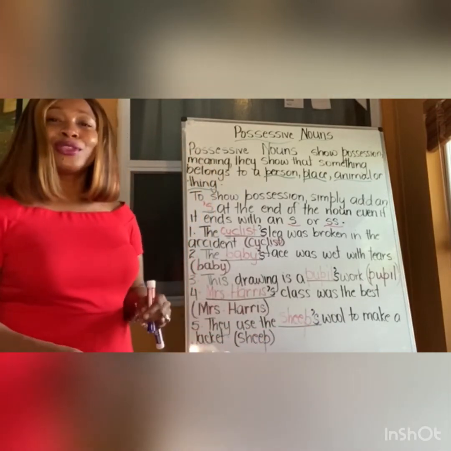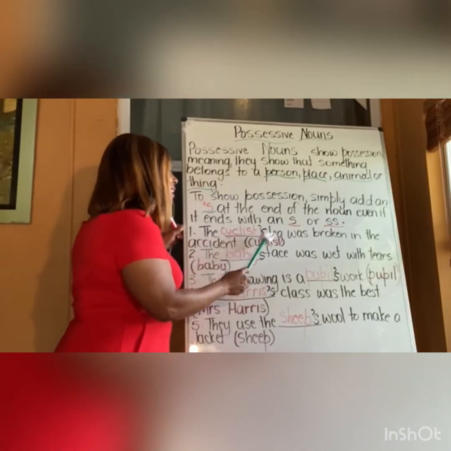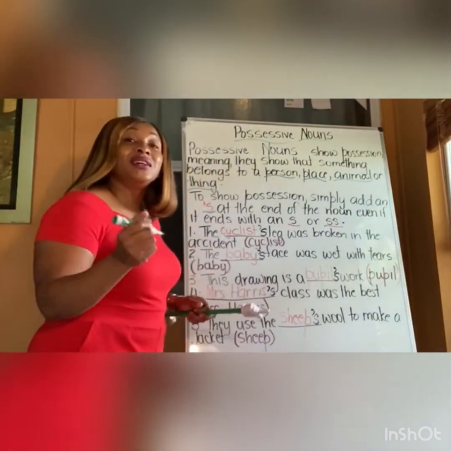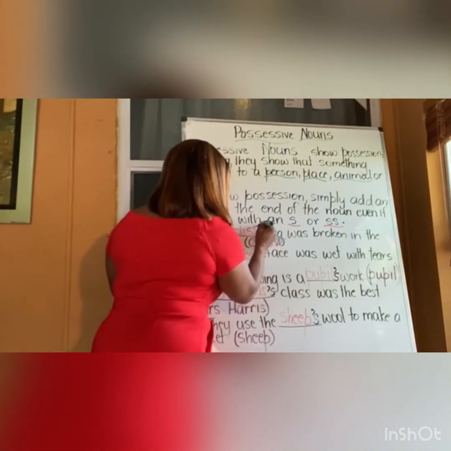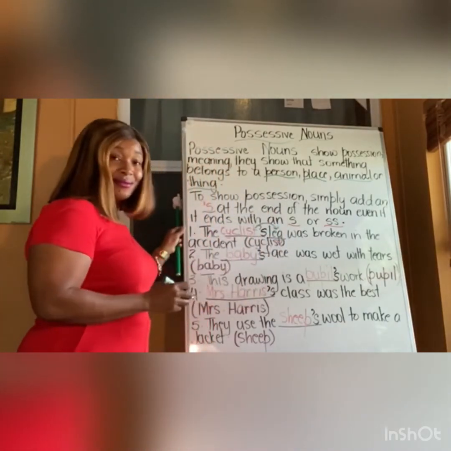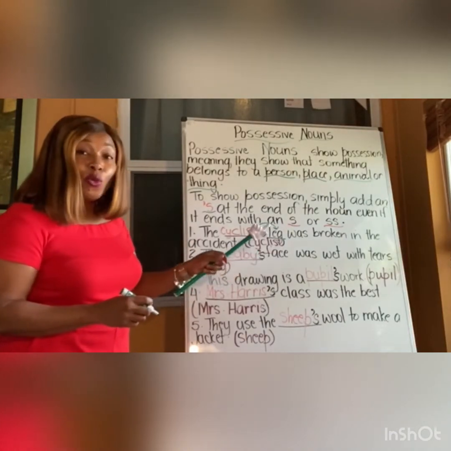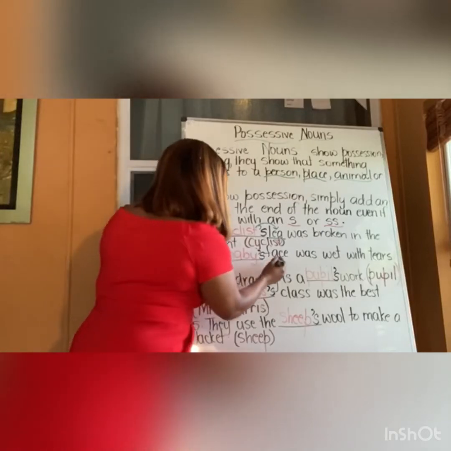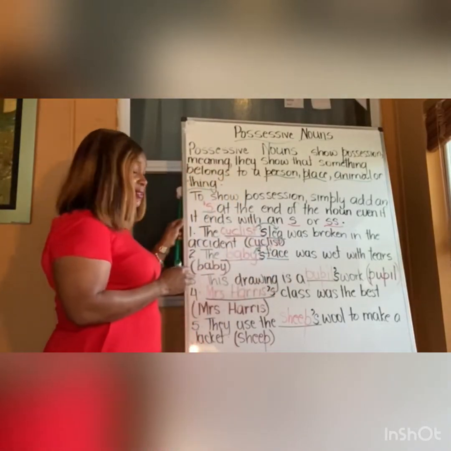So let's go through again. The cyclist's leg. What belongs to the cyclist? It's his leg. So the cyclist's leg. Number 2, the baby's face. What belongs to the baby? It's his face. So the baby's face.